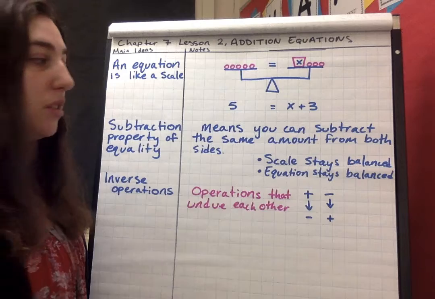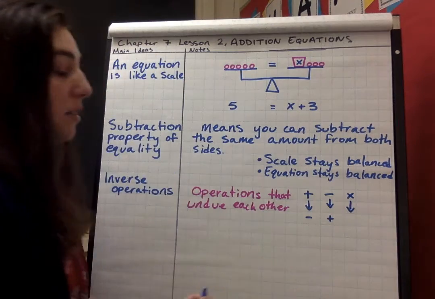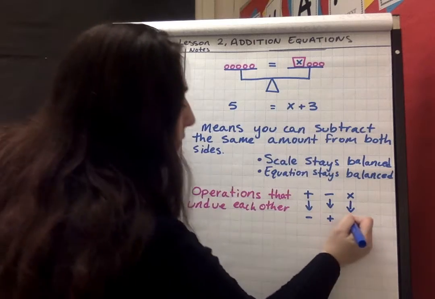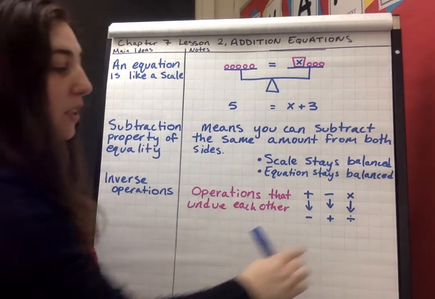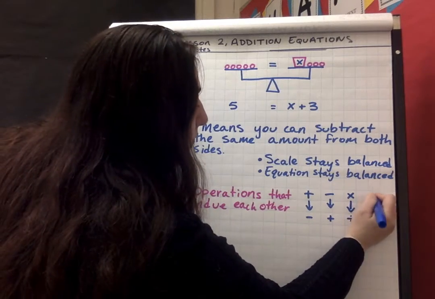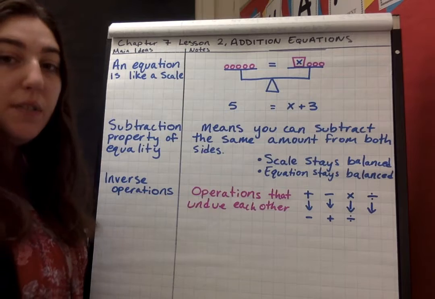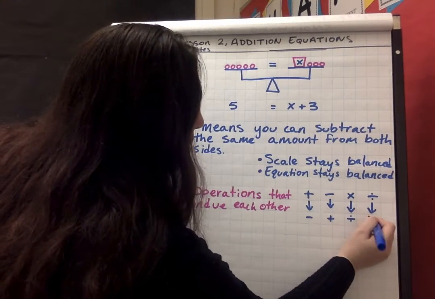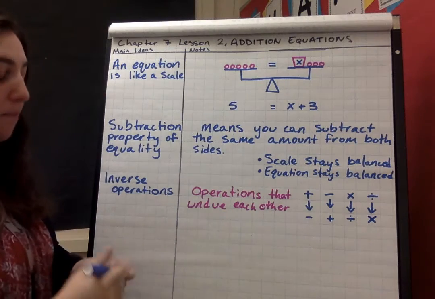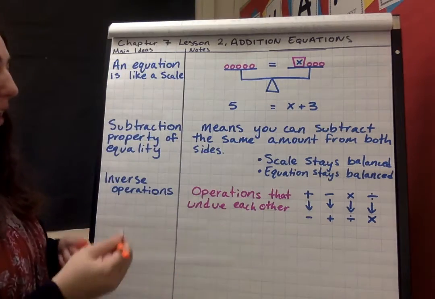The inverse operation of multiplication, the one that undoes multiplication, is division. And if you think of division, the inverse operation of division, the operation that undoes it, is multiplication. Okay? So that's something we should highlight.